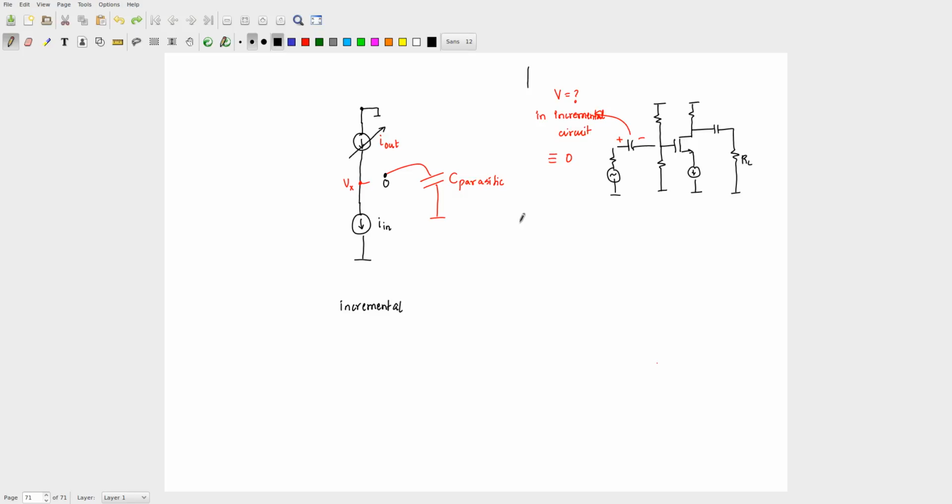For now, you assume they are ideal. That's why I need to connect a capacitor there, or at least think that there is a capacitor involved.